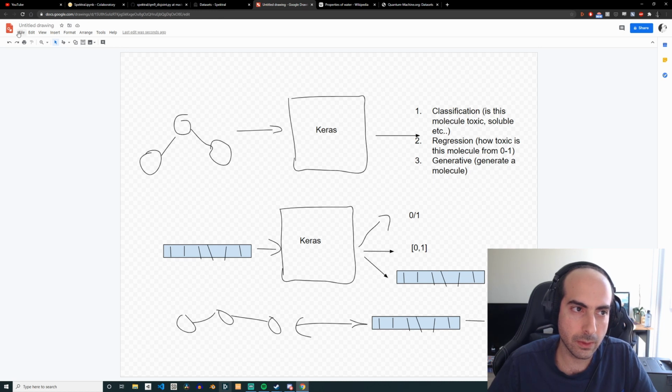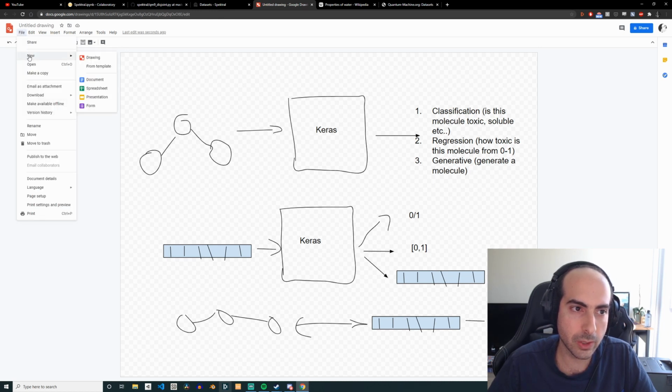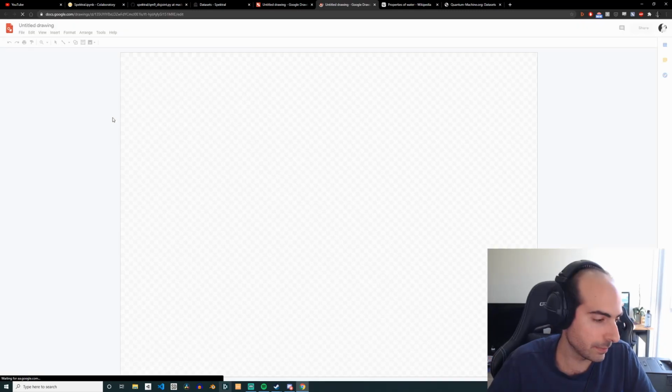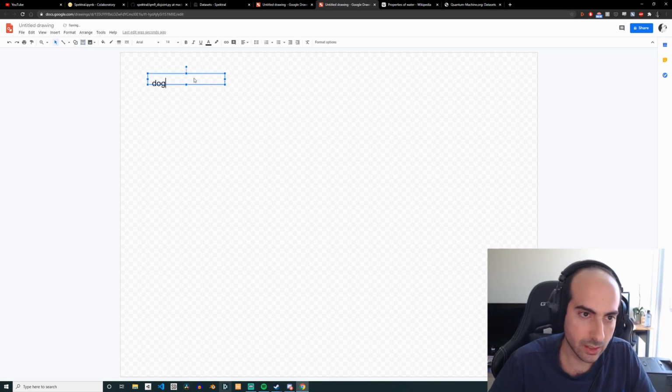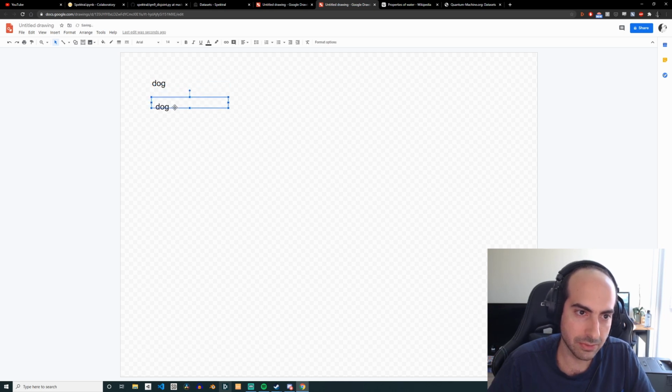Before I talk about how this works for a graph, let's think about how this works more generally. Let's say you had some textual data, and you're trying to predict some sort of classifier. You have dog, and then cat, and then let's say you have mouse, for example.